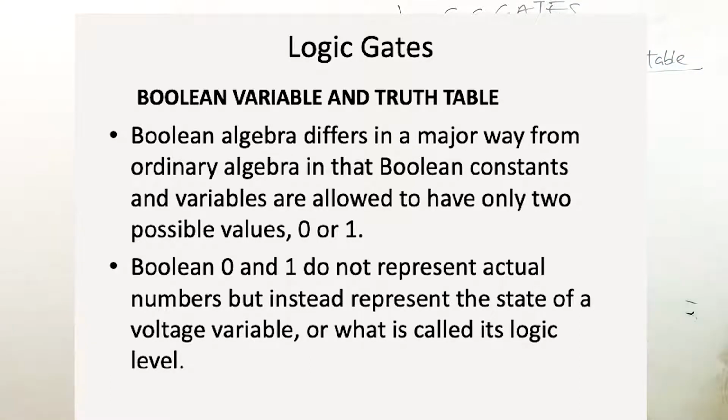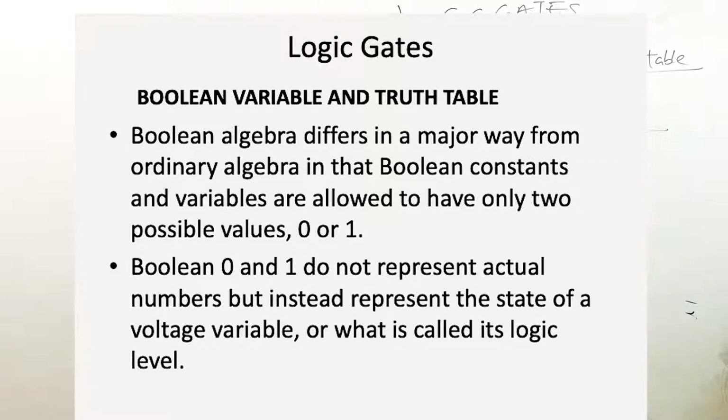What are Boolean variables? Boolean variables are zeros and 1. These zeros and 1 do not represent the actual numbers, but instead they represent the state of a voltage variable, or what is called its logic level. So we call it logic 0 or logic 1. We shouldn't see it as ordinary 0 or 1.